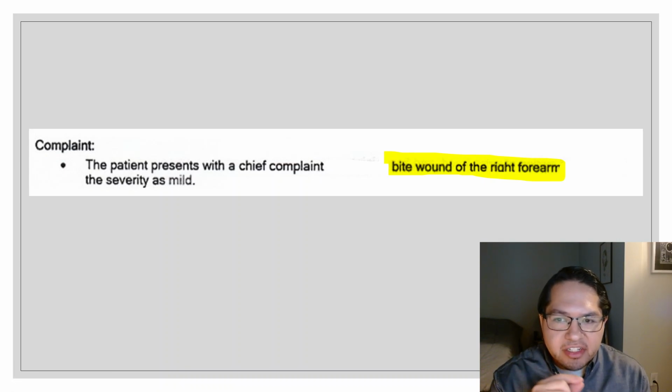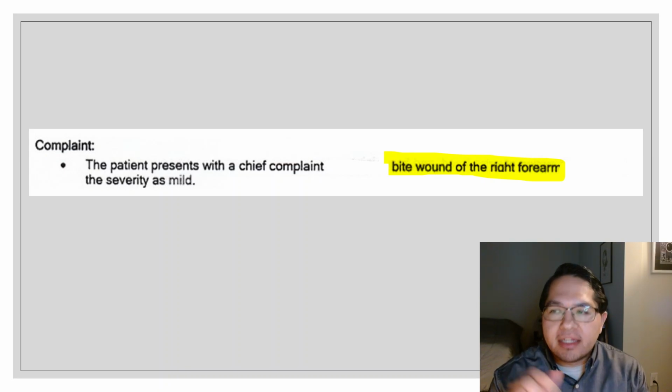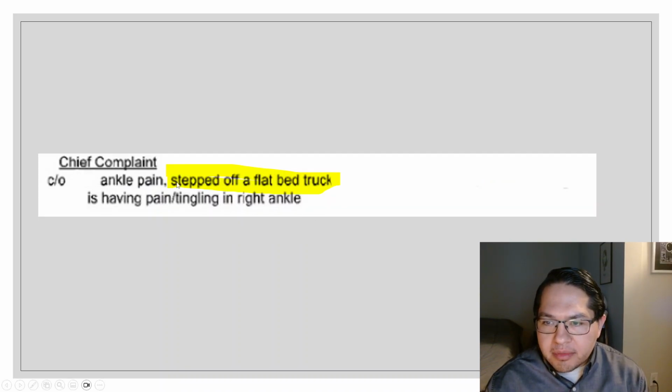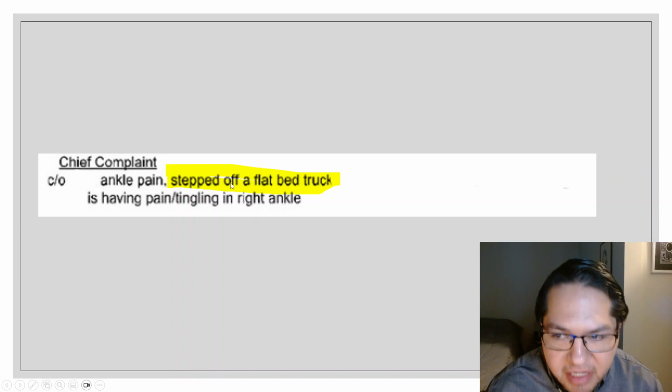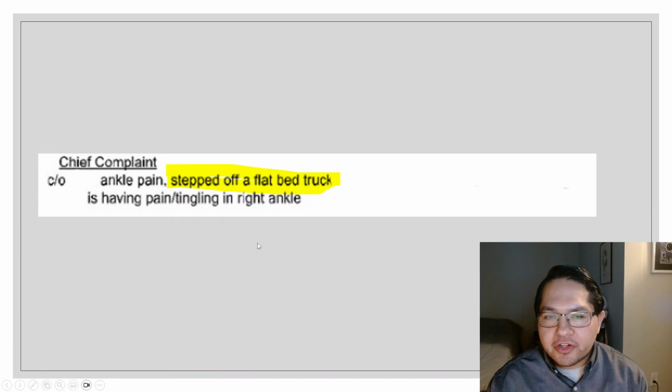If it's a snake or a wasp, it needs to be super specific on there about what it was. Another one: stepped off a flatbed truck. You're stepping, so you're moving, and then fell. So that's another accident.